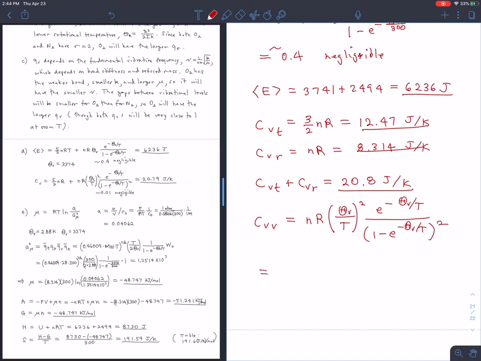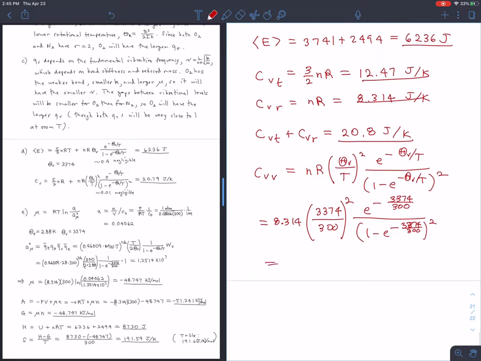Plugging everything in, that is 8.314 times 3374 over 300 squared, e to the minus 3374 over 300, divided by 1 minus e to the minus 3374 over 300, squared.